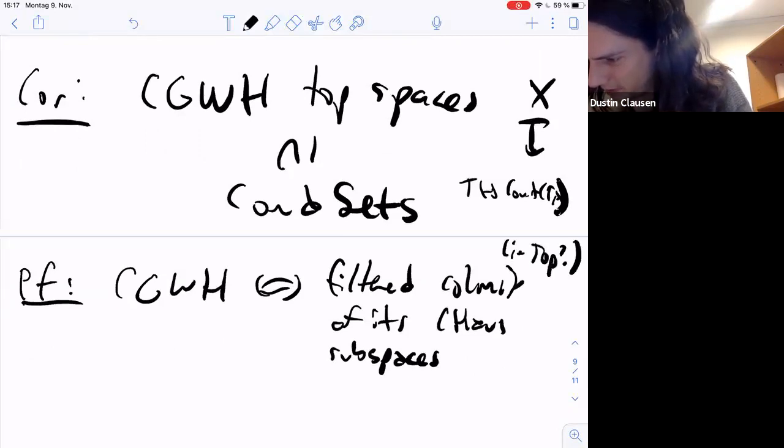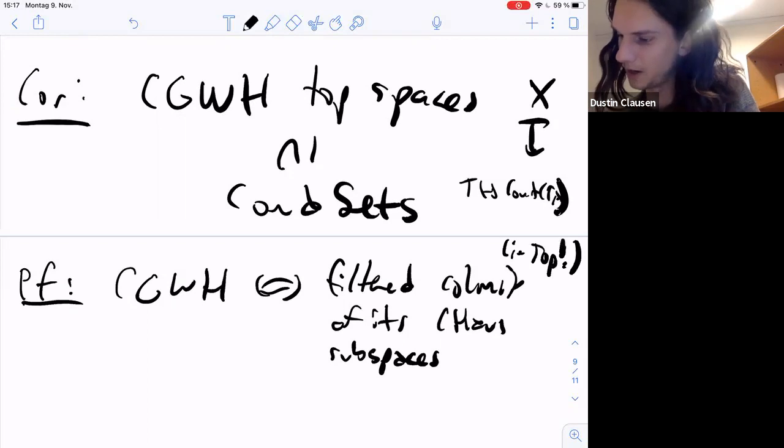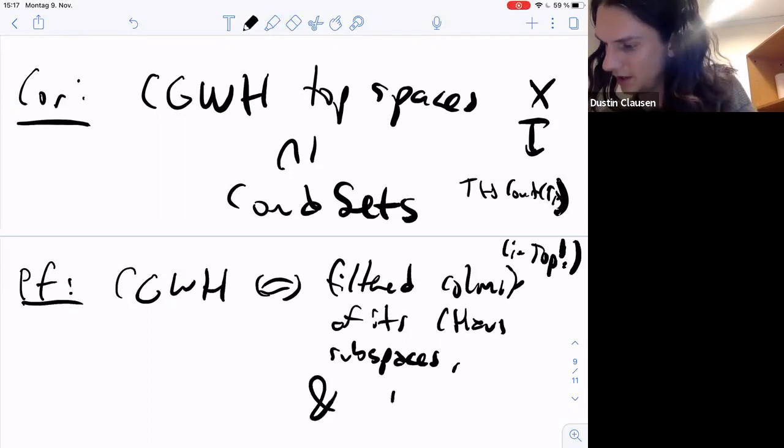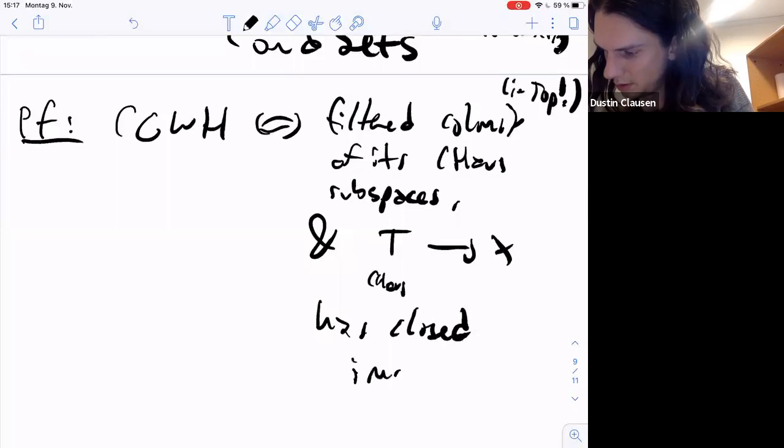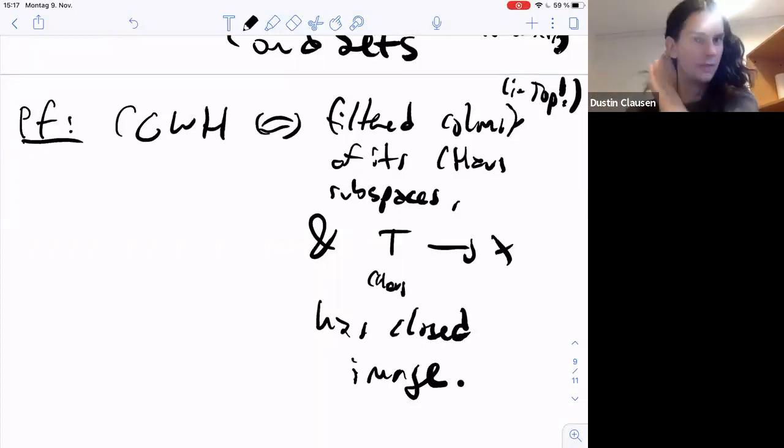in the category of topological spaces, and any map from a compact Hausdorff space has closed image. So if the topology is formally determined from its compact Hausdorff, no, that's automatic.